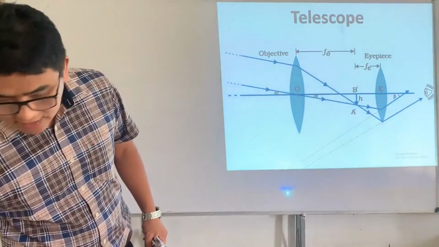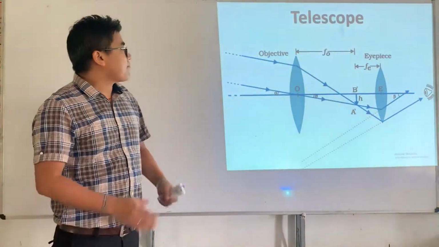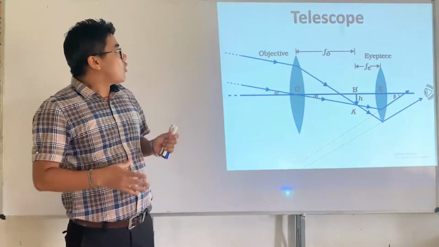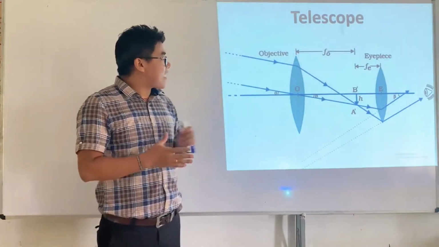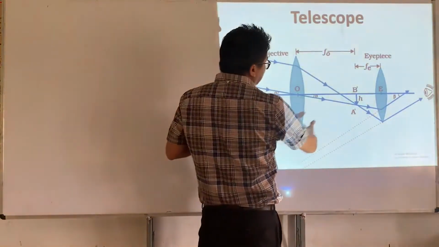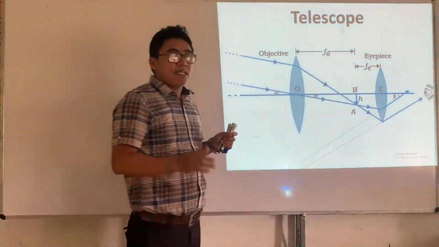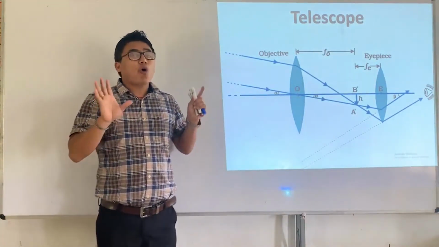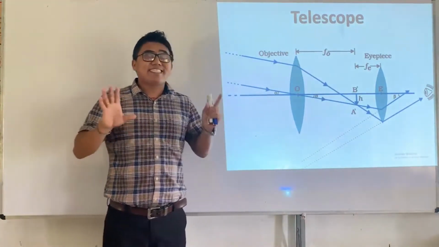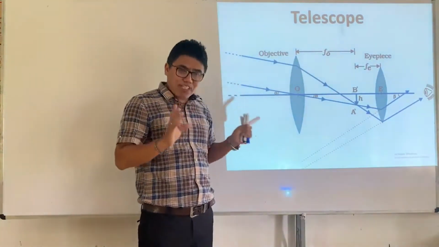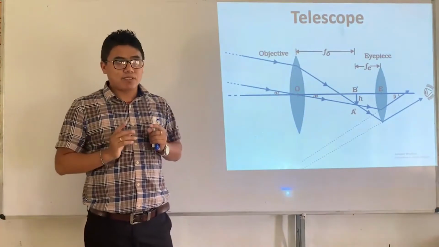So let's start with the telescope. This is a ray diagram of a telescope. A telescope consists of an objective lens and an eyepiece. When we talk about resolving power, it is the objective lens that determines resolving power.